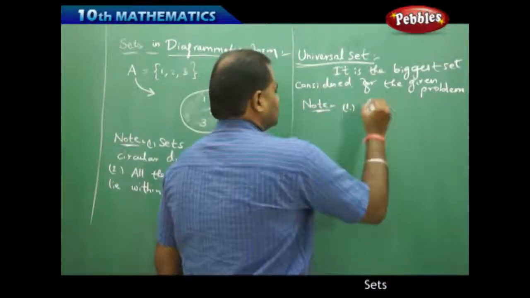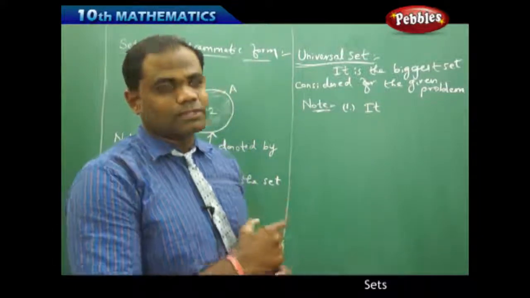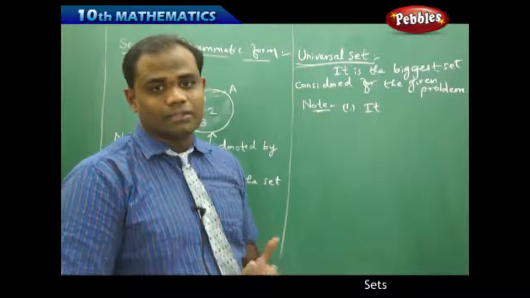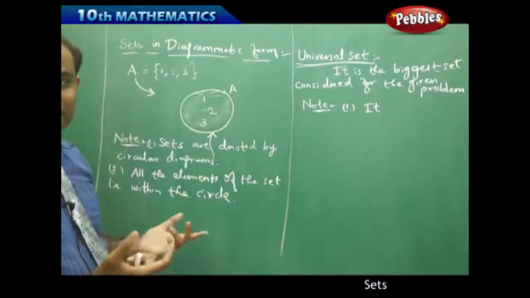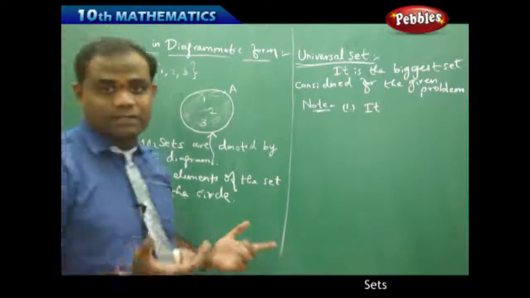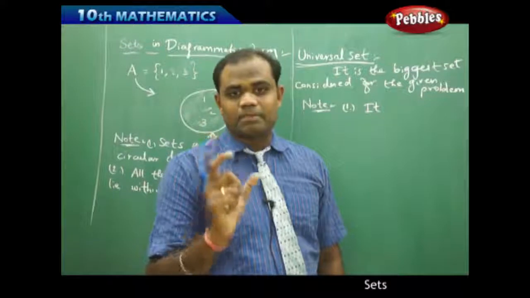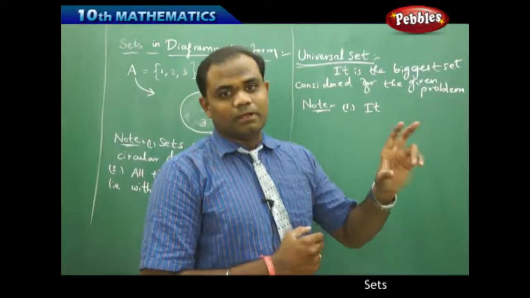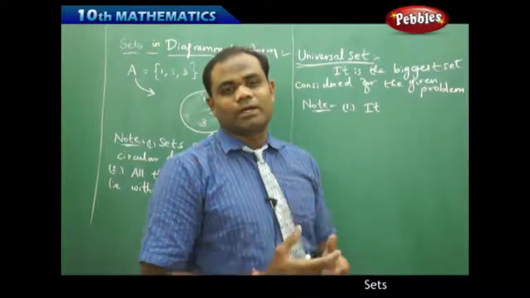Firstly, it is denoted with either U or mu. The first thing we need to understand is how we represent the universal set. Say for example, I represent a set with a capital letter A, B, C or X, Y, Z, etc. Similarly, a universal set is also represented with a fixed symbol, and that stands as the standard universal symbol for any problem considered.